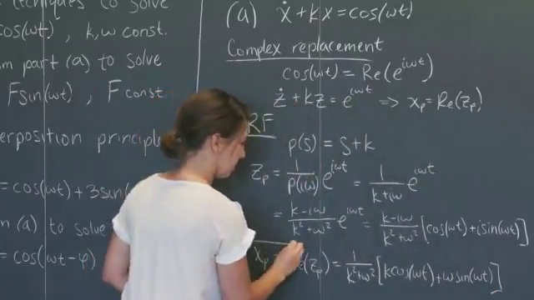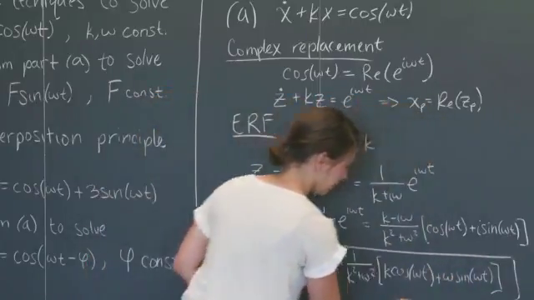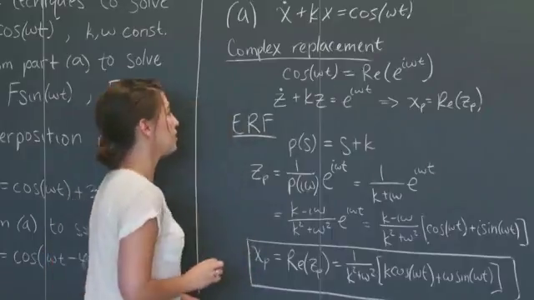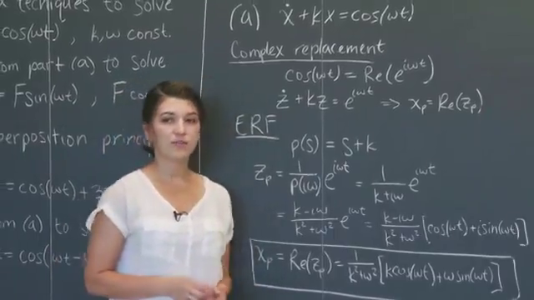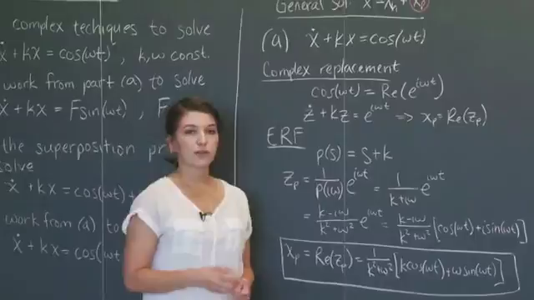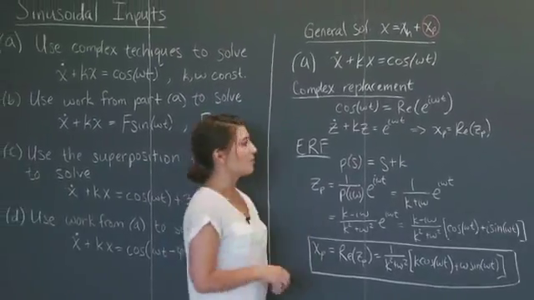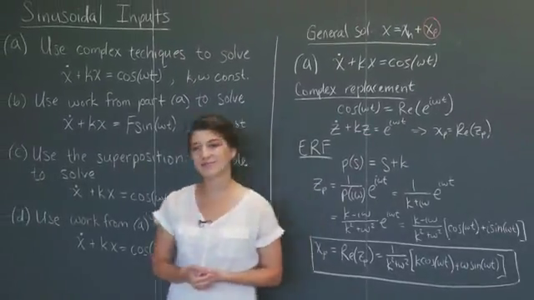So this is our particular solution to the ODE in part A. Now that we've found this, I'll let you work through the problem in part B, and we'll be right back.